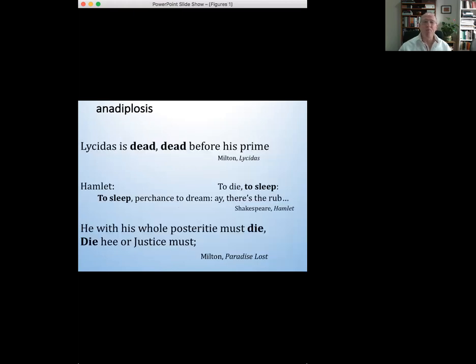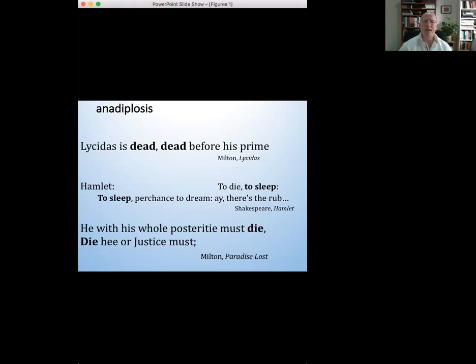Now with anadiplosis, again, we have another type of unusual linguistic usage where what is unusual is the order of words. In this case, a kind of repetition. In Milton's great pastoral elegy, Lycidas, Milton might well have written the following line: "Lycidas is dead before his prime."